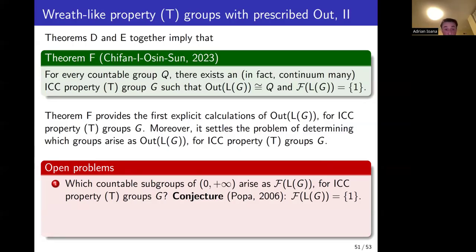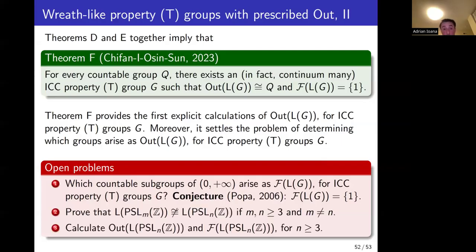And then I also want to mention some classical problems going back to Connes' conjecture in 1980 and his original motivation, which is to settle some of these problems for the classical property T groups, which are the higher rank lattices.